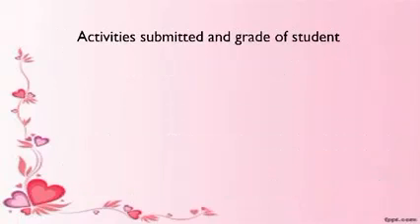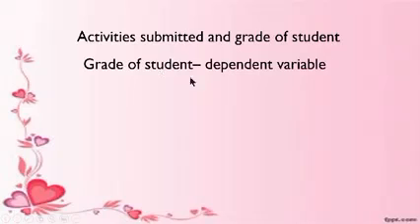Let's have an example. Activities submitted and grade of student. So, meron tayo ditong dalawang variable. Yung activities submitted, yung pinasa, second variable natin as ay grade of student. So, alin dyan yung dependent at alin yung independent. Tingnan natin. Ang grade of student, siya yung tinatawag natin na dependent variable. Bakit?